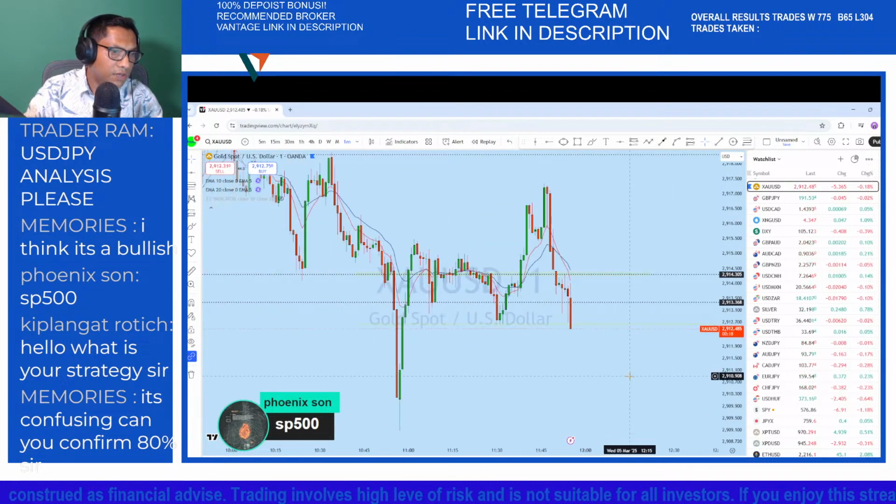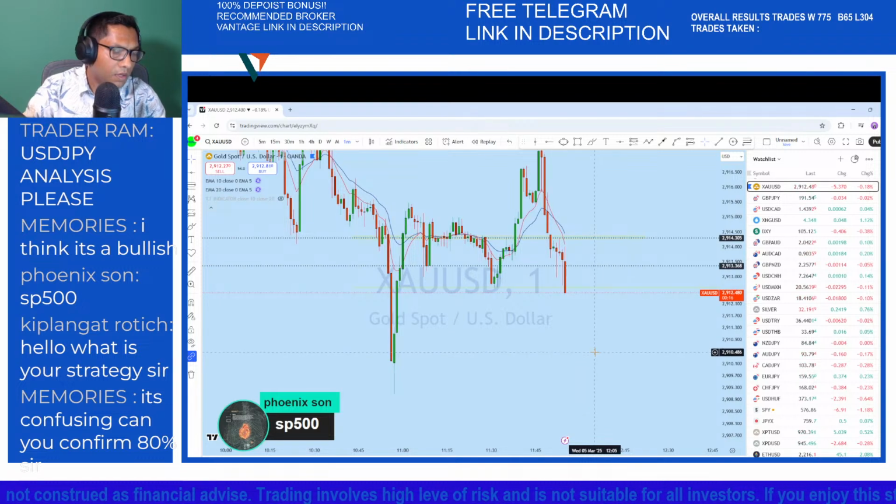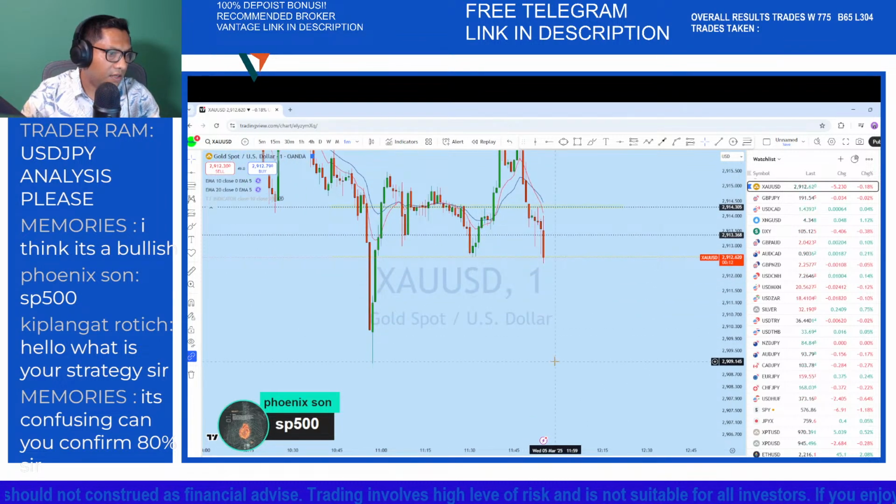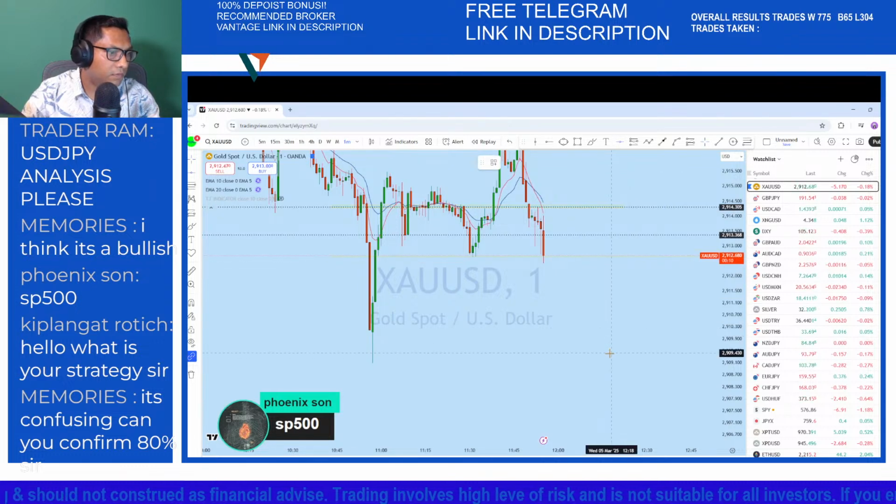Okay, so the 10 and 20 MA crossover is coming back below. We would like to see the price coming here to that support level.